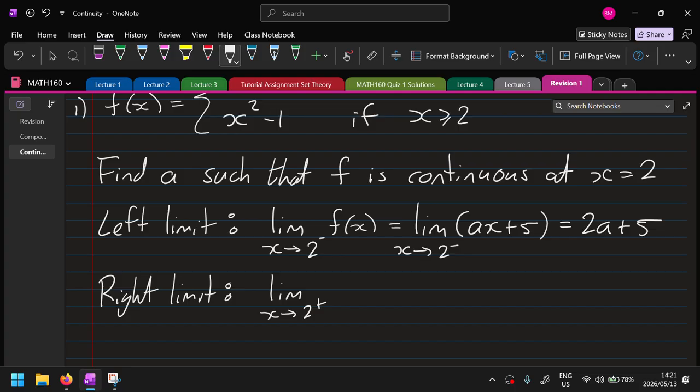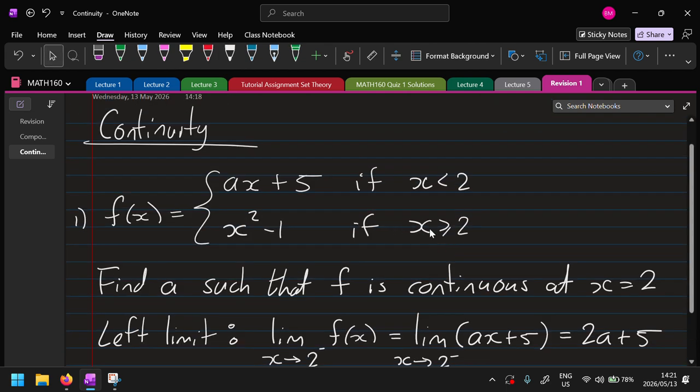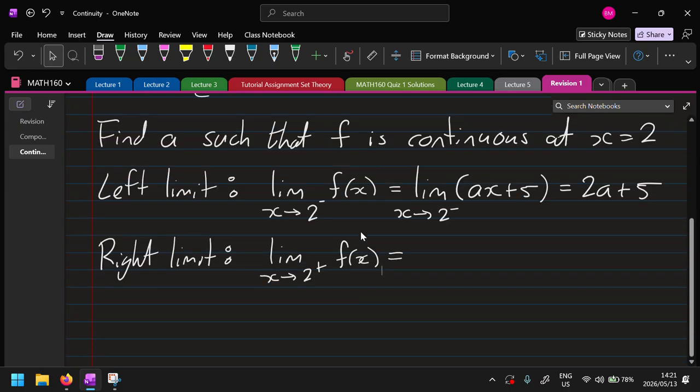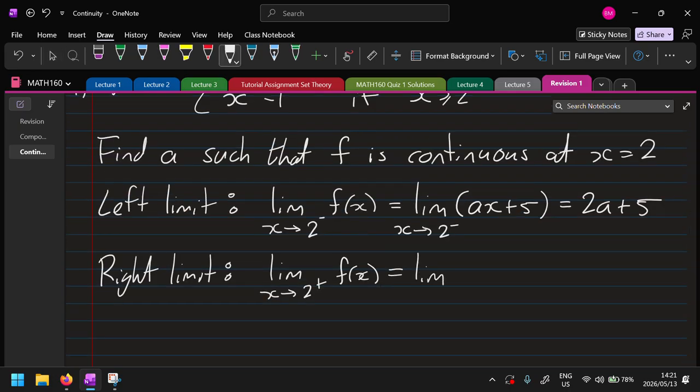So now it will be 2 plus because we're coming in from the right. So if it's greater than 2, we better be using this bottom one here. Okay, again, parabola, no issues with the limit there. So it will just be 4 minus 1. We get 3.